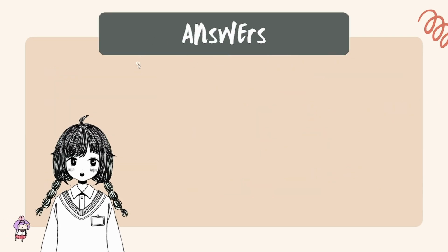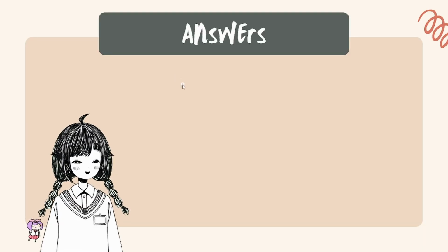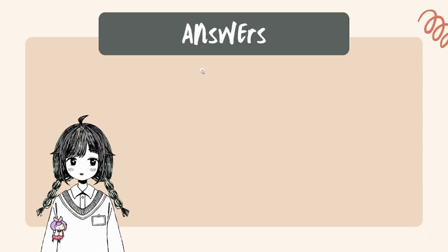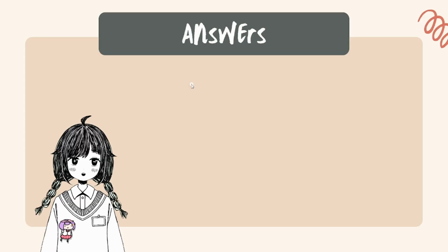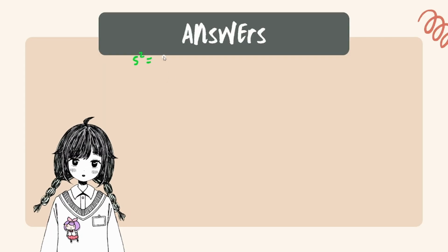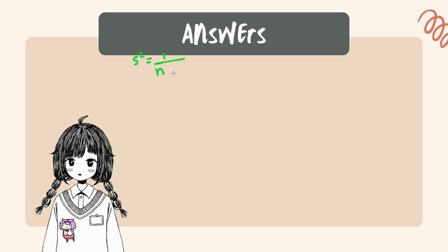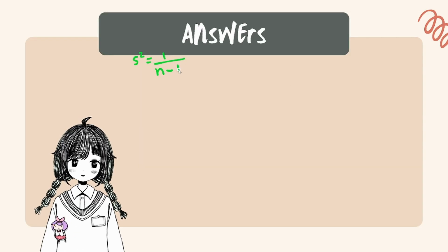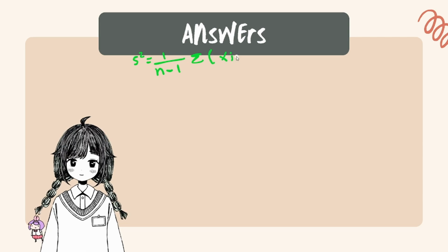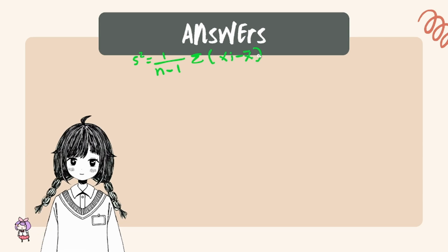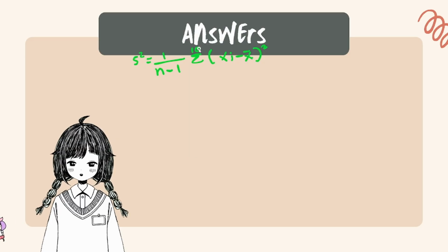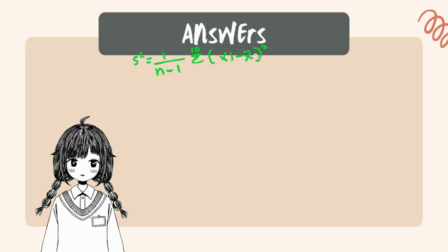With variance, however, we may take a bit longer to solve it because there's a sample size of 10. So we start with the formula like we learned, which is s squared. This is the formula for variance, and n here is our data size.